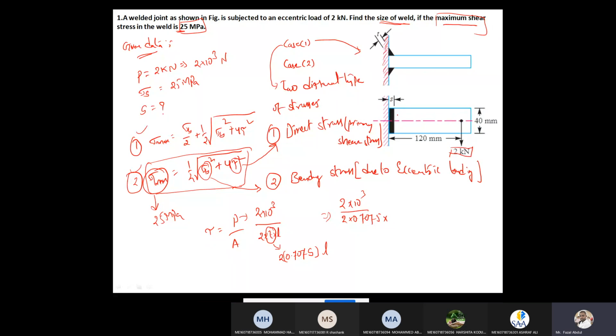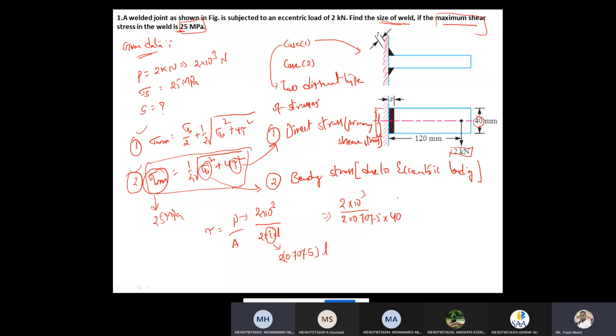What is l? l is the length of the weld, which is equal to the width of the beam, 40 mm.